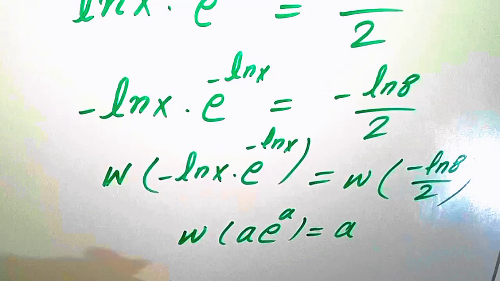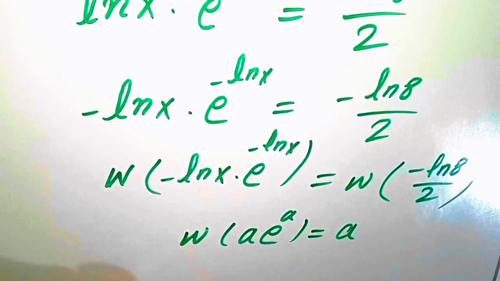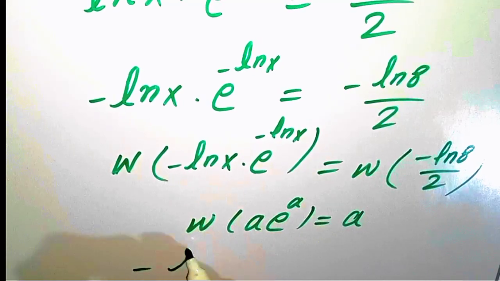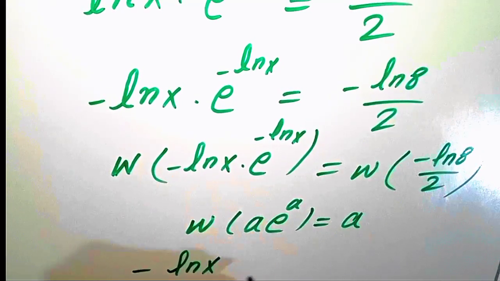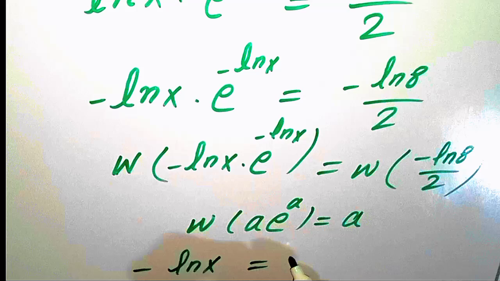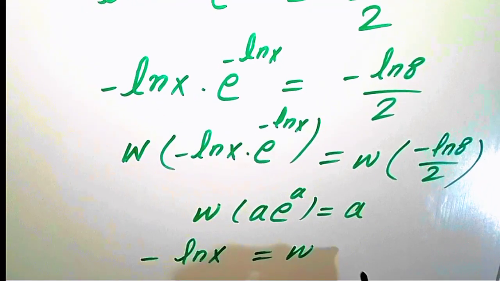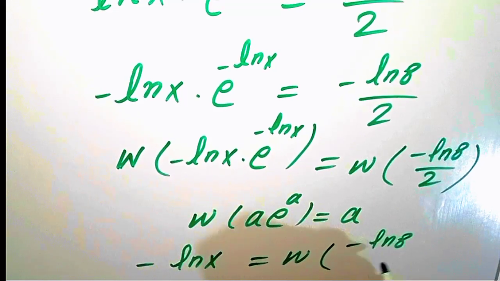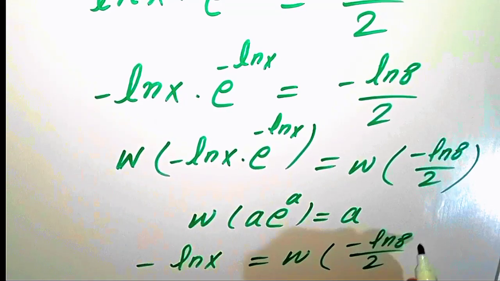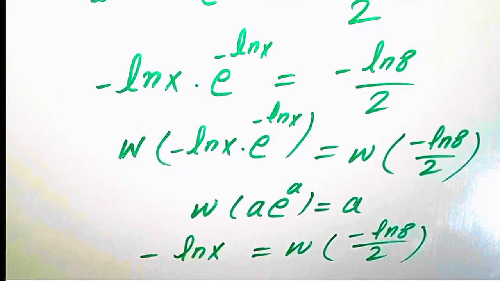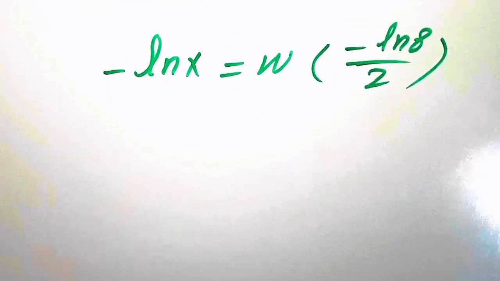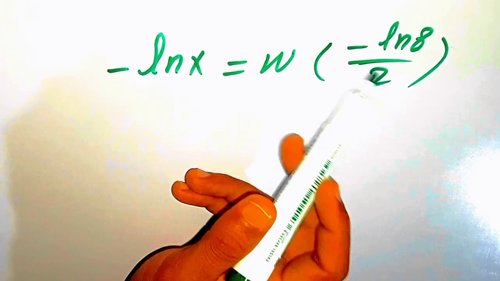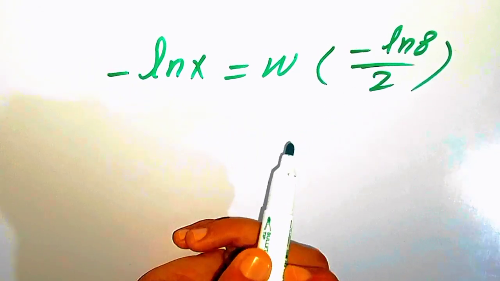our answer becomes minus ln of x on the left side, and on the right side it is W of minus ln of 8 divided by 2. So minus ln of x is equal to W of minus ln of 8 divided by 2.